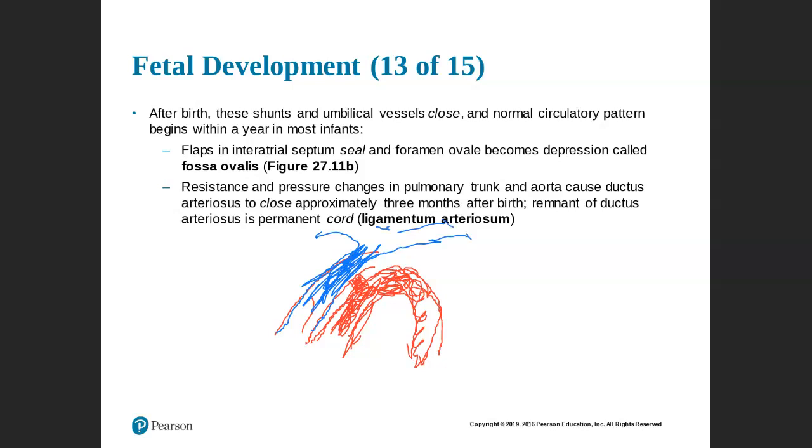So you really don't need the ductus arteriosus, okay? So this is the ductus arteriosus, and that's going to close at birth. And it takes about 3 months for it to completely close. Okay, that basically closes at birth and becomes the ligamentum arteriosum.